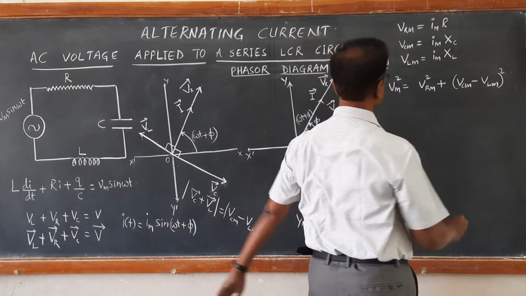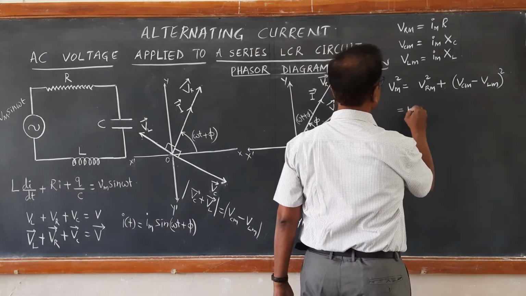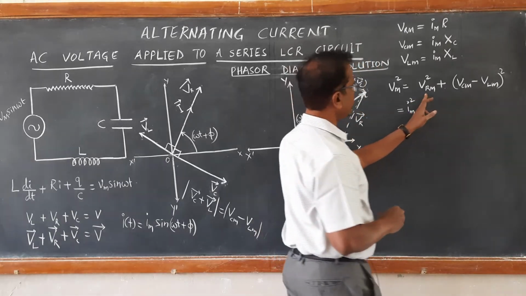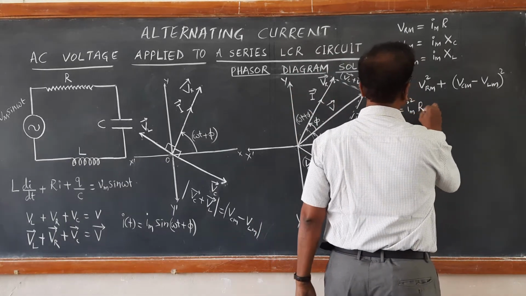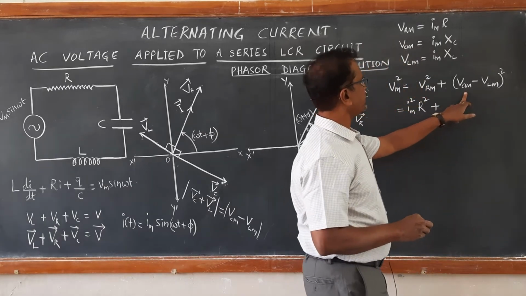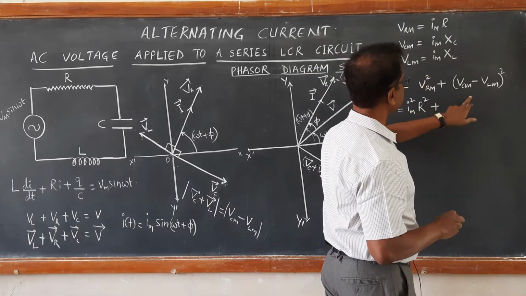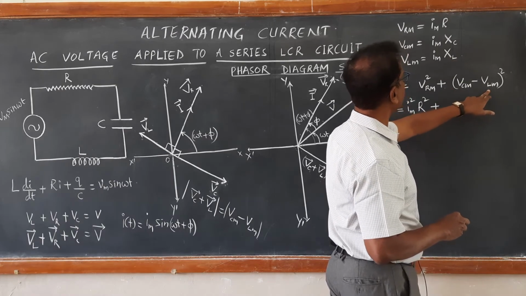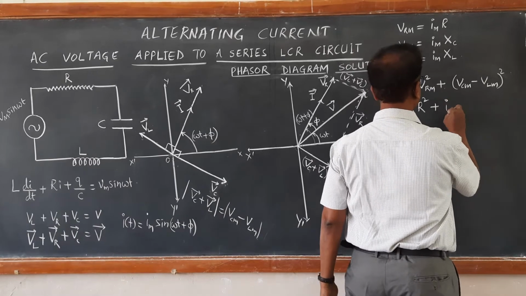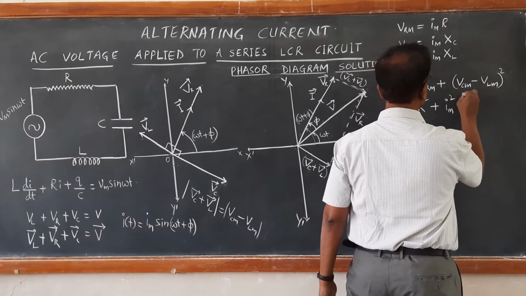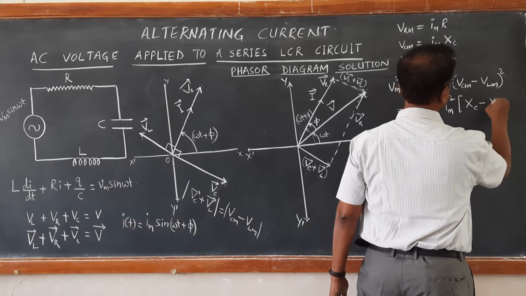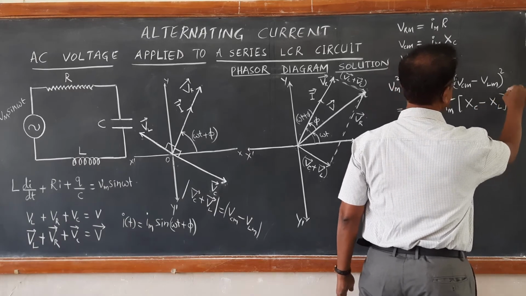Now substitute all this, we get Im square into R square plus, in this bracket, Im XC minus Im XL, square of that. You can take out Im square outside, you will be left with XC minus XL square.